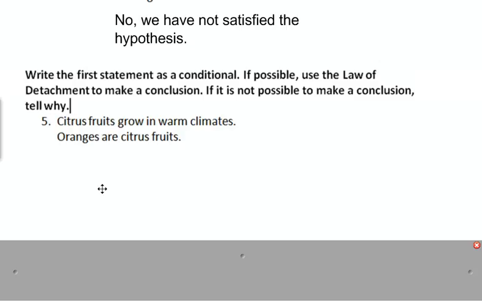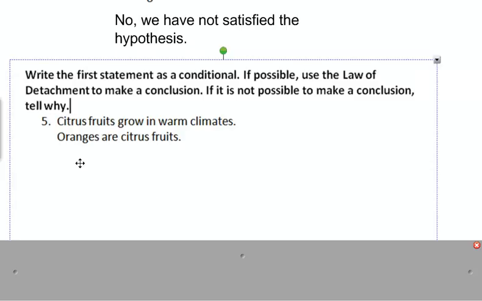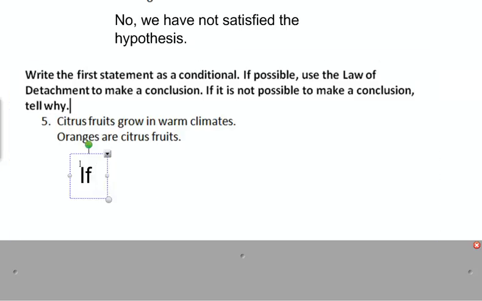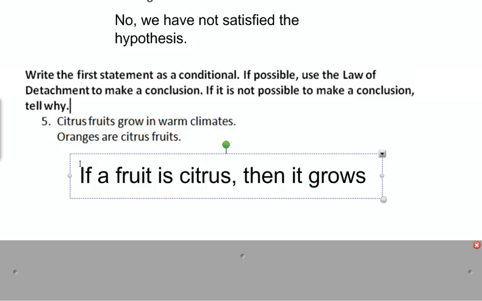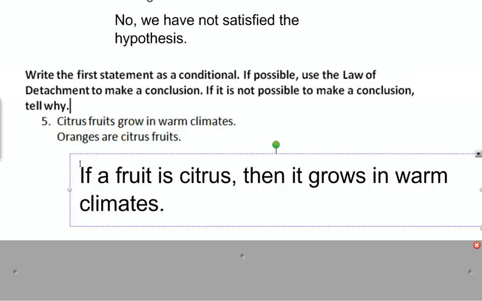So citrus fruits grow in warm climates. So we'll say if a fruit is citrus, then it grows in warm climates. We'll say that. All right, it totally depends on how you write your conditional too.